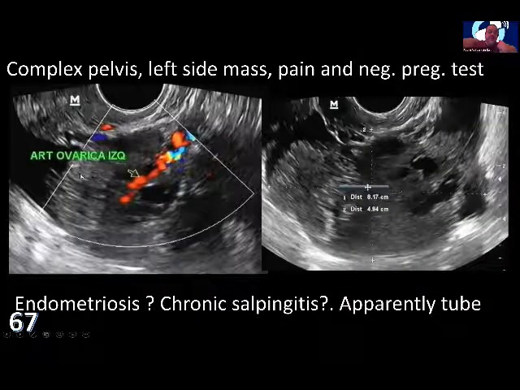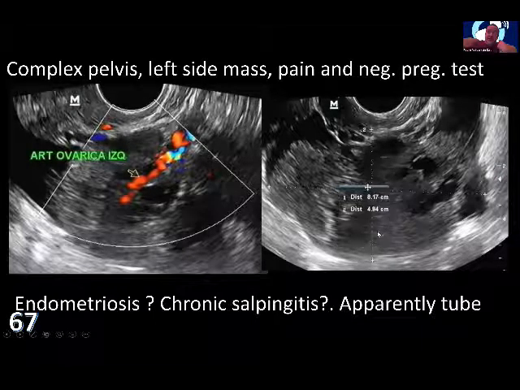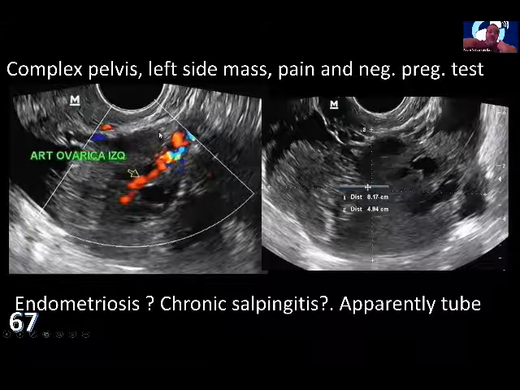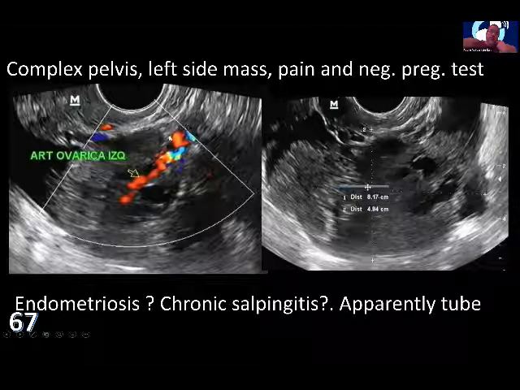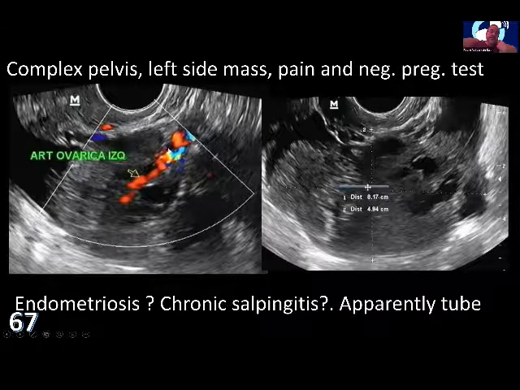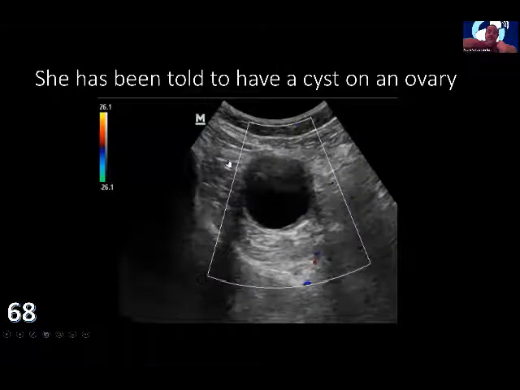So this is not ovary. This can be one of the great mimickers, endometriosis, infection. This apparently is an abnormal, chronically ill tube, the fallopian tube, and can mimic the ovary.